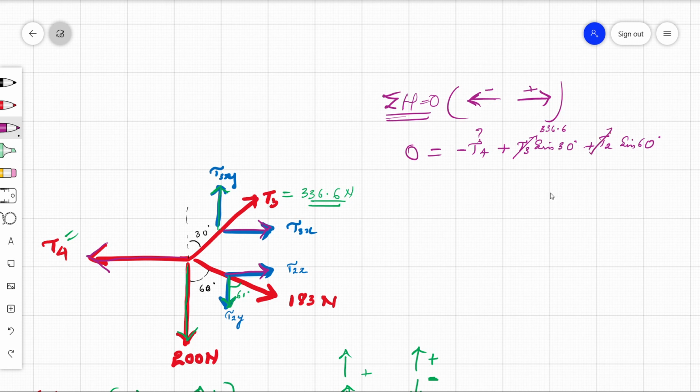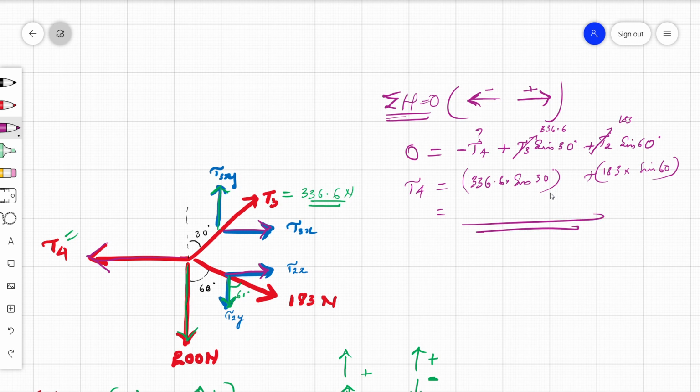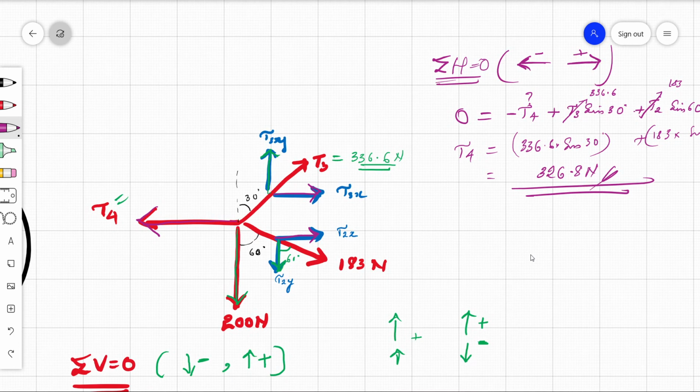We know the value of T2 as 183. So you keep the T4 over here, make 336.6 multiplied with sine 30 degree plus 183 multiplied with sine 60. And after the calculation, the last answer is 326.8 Newton.